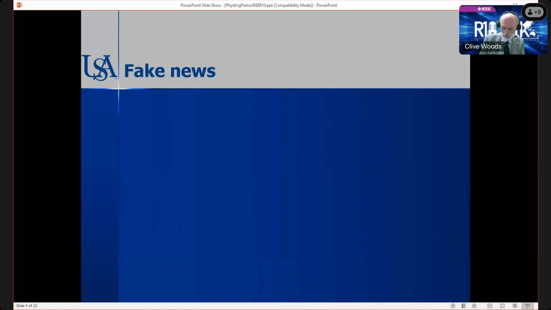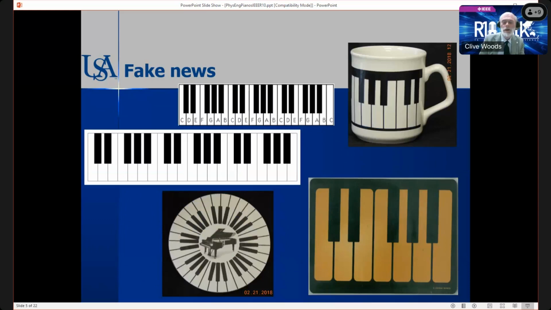Well, the people who draw keyboard diagrams on the internet have noticed that, and here I've got some keyboard diagrams from the internet, and also I have got 3 commercial objects that have keyboards printed on them, and you can see that really that problem has defeated the artists on the internet and the artists on the mug and the mouse mat and the beer coaster.